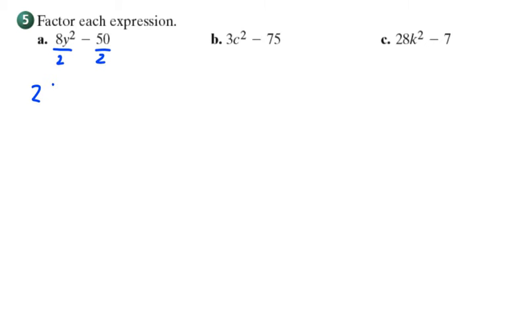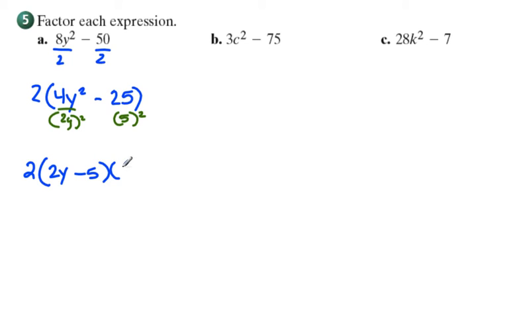So that would give us 2 times (4y squared minus 25). 4y squared, perfect square, right? That would be (2y) squared, and 25 is a perfect square. That would be 5 squared. So we have 2 times (2y minus 5)(2y plus 5).